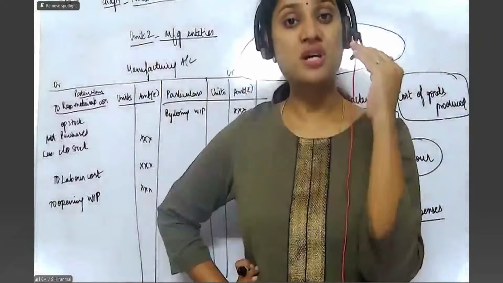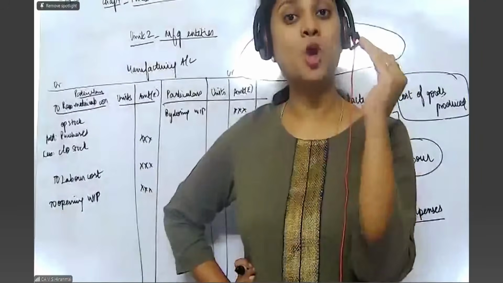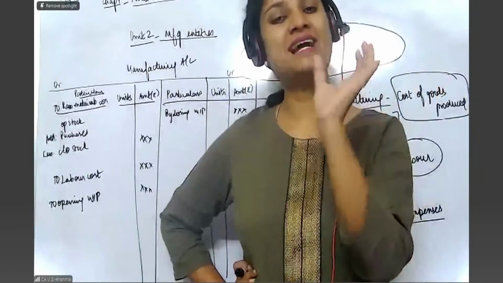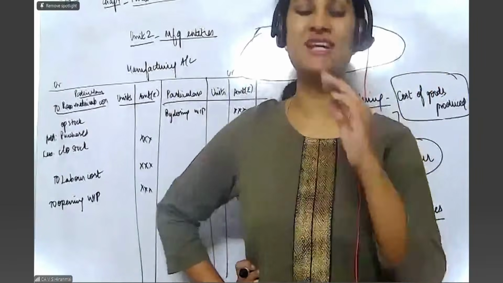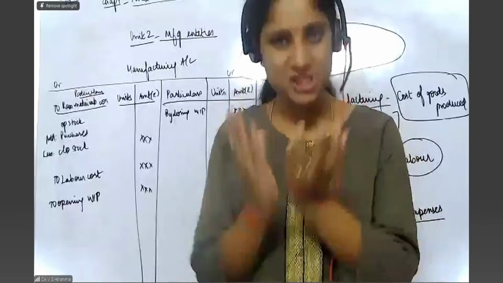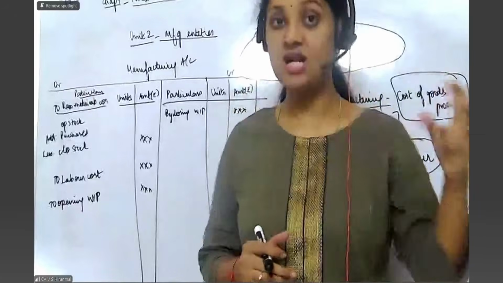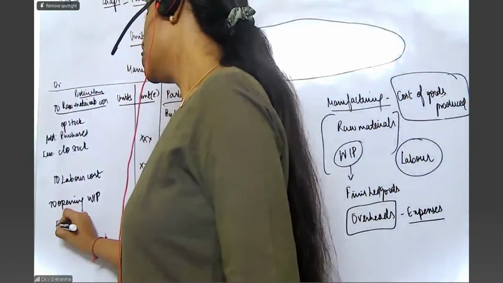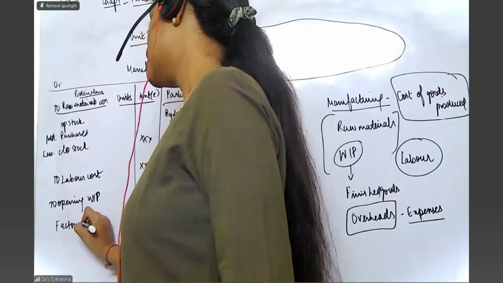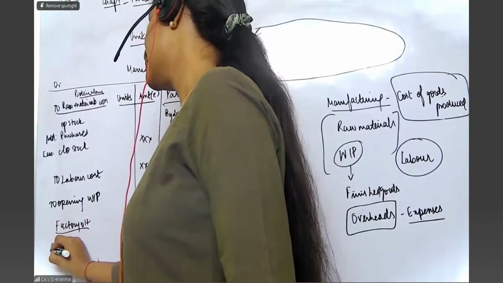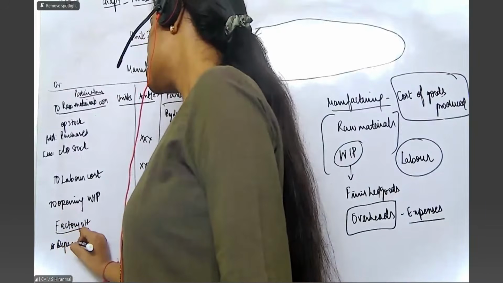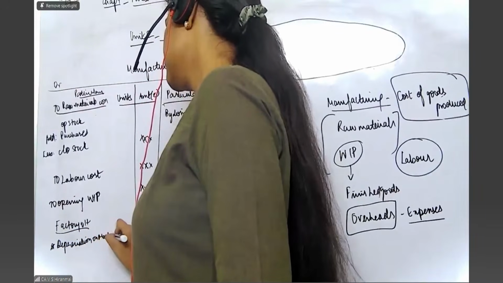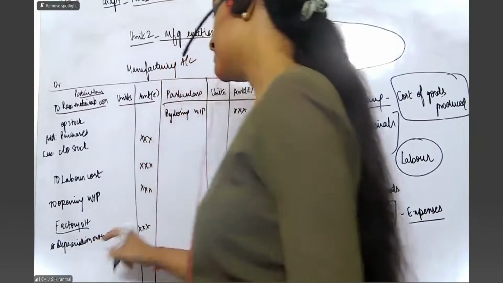Those expenses which are directly connected with the process of production. For example, you are using machinery for producing the goods. The depreciation on the machinery will become your factory overheads, or let me say the normal overheads, which is depreciation on machinery.